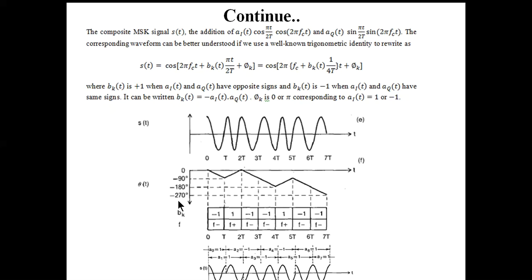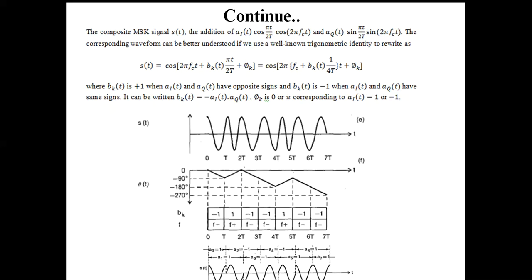Moreover, to maintain the formula, phi k has been introduced. Phi k is 0 or π corresponding to the value of AI(t) being 1 or minus 1 respectively. So for 1, phi k will be 0, and for minus 1, phi k will be π, so that the formula of s(t) can be maintained.